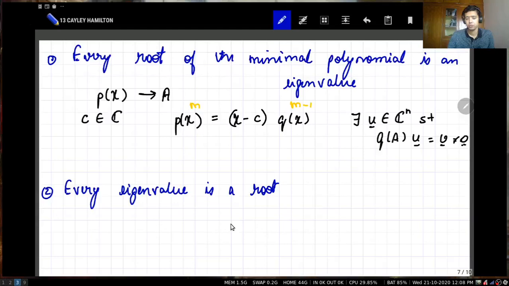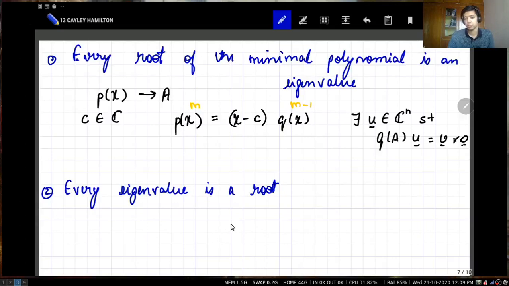Okay, so this should happen because Q of x cannot be an annihilating polynomial for A, right? Because suppose that for all vectors u, Q of A times u equal to 0, then it must necessarily mean that Q of A is equal to the 0 matrix.